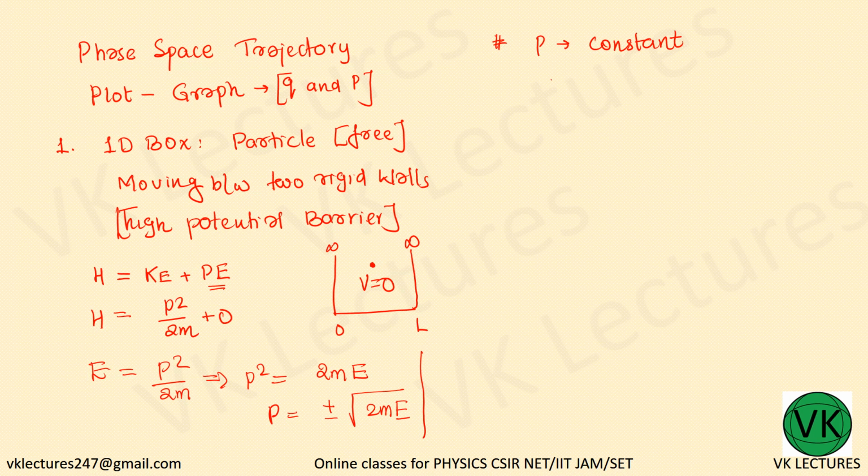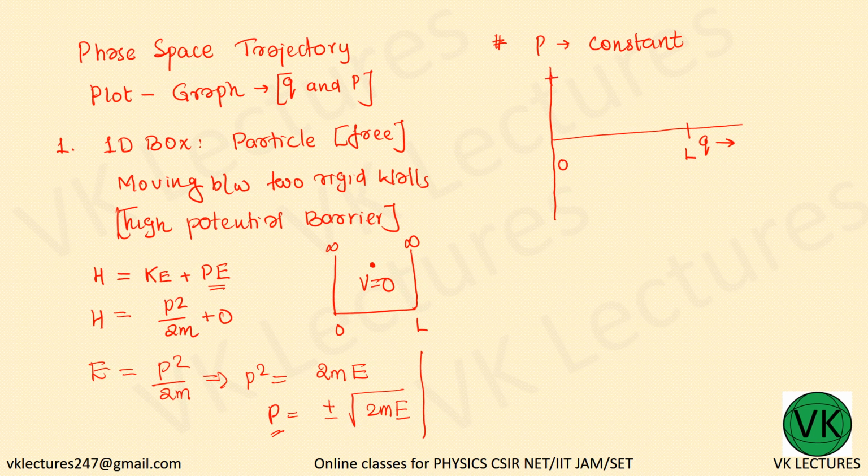So this is P, the momentum, and this is our x-axis, where you write the position Q. Now up to here we have the length of the box. This is 0, and the length of the box is up to here, but we know that the P value ranges from plus root of 2mE to minus root of 2mE.